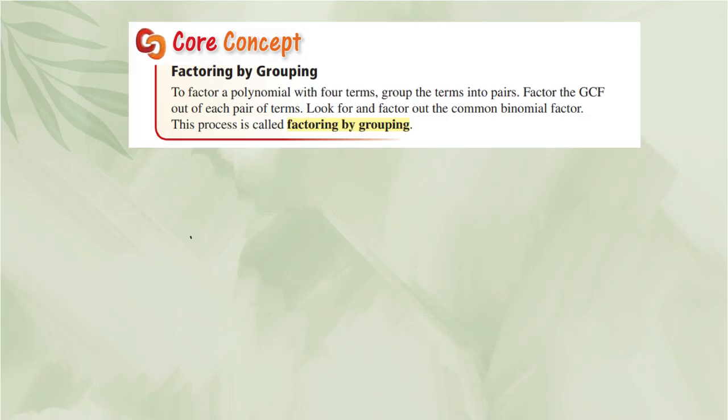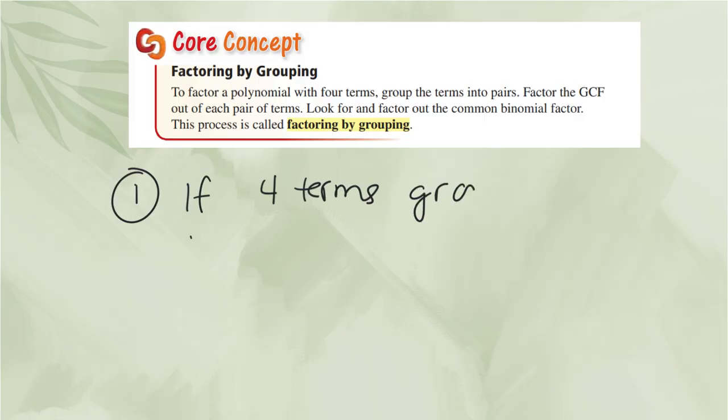So the first thing you need to see is if you have 4 terms, okay? If you have 4 terms, group them into binomials. Remember, binomials are 2 terms, correct?